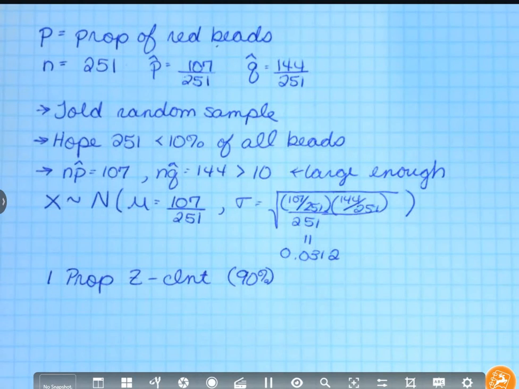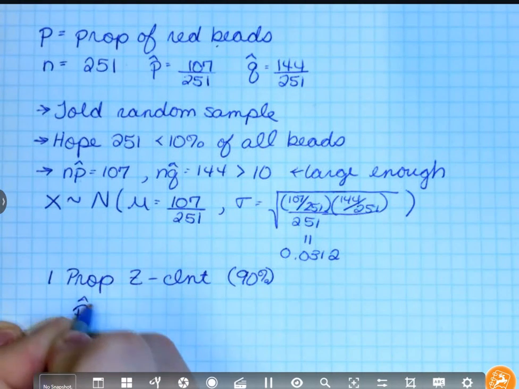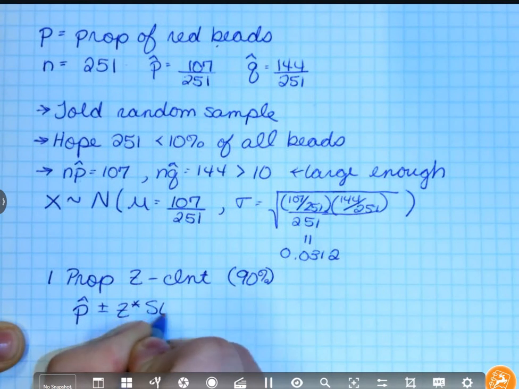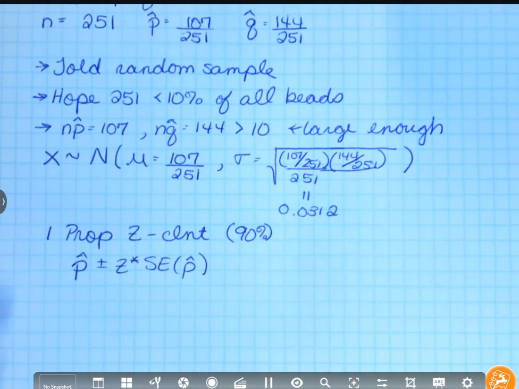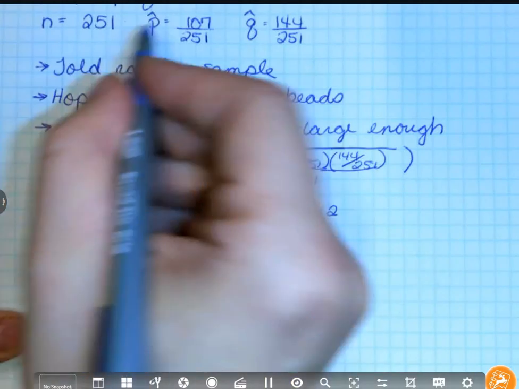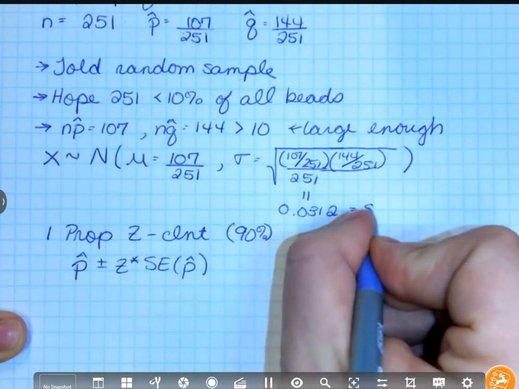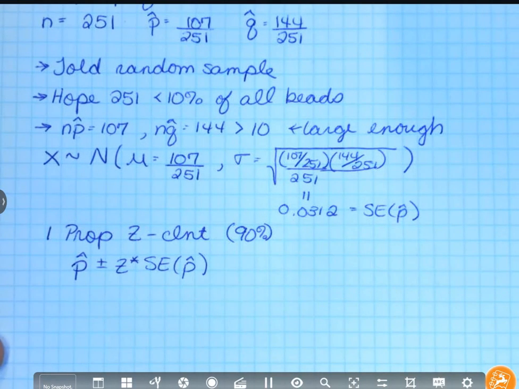Calculate your confidence interval, but even before that, you have to show the formula. Now, when you show the formula, you can do it like that, and then say, we already have p hat listed. I already have my standard error listed.